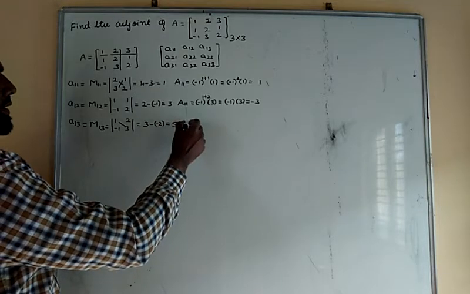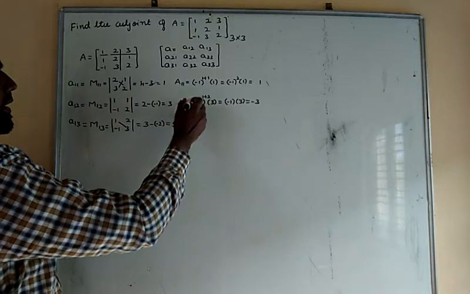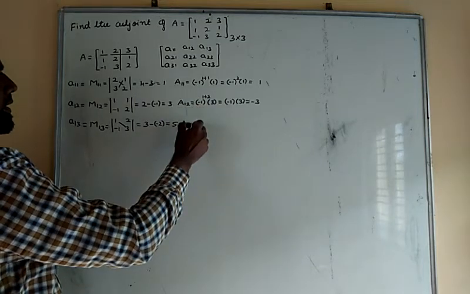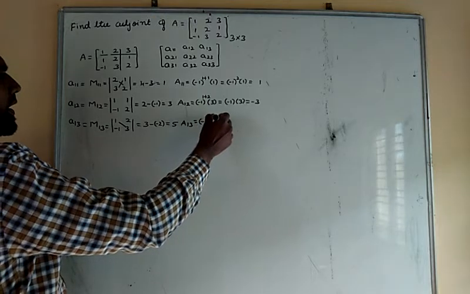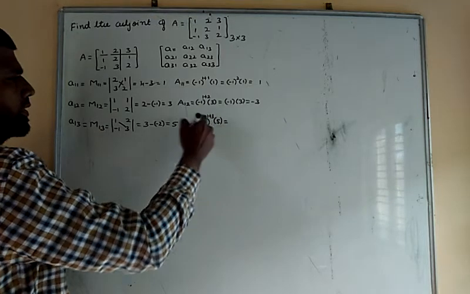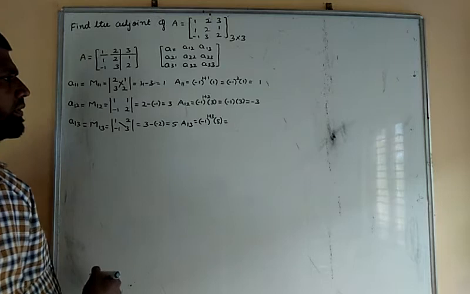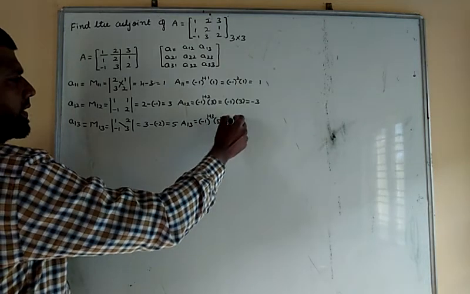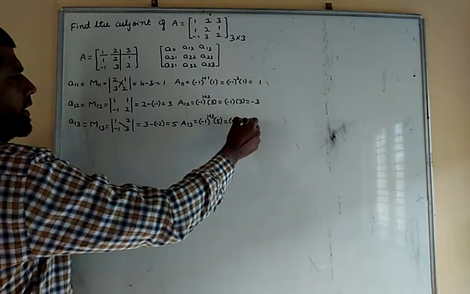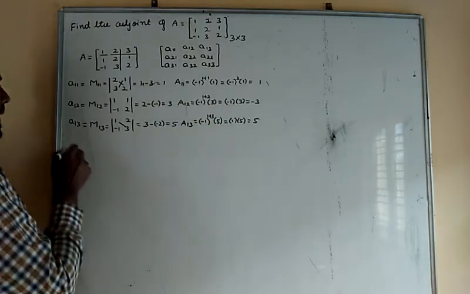Then the cofactor A13 is minus 1 whole to the power of 1 plus 3, into 5. The power 4 is an even number, so minus 1 to the power of 4 is plus 1, into 5, that is equal to 5.